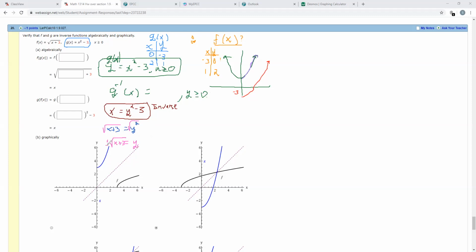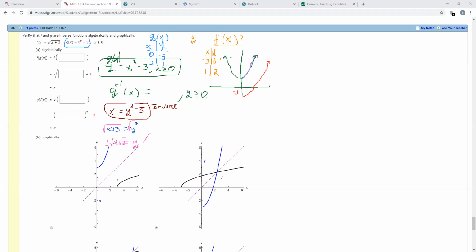If we multiply that by a negative, it would make a negative, and we can't have that because of this restriction. So it also has to do with whether the inverse will actually be a function. So we want to take away this negative part.